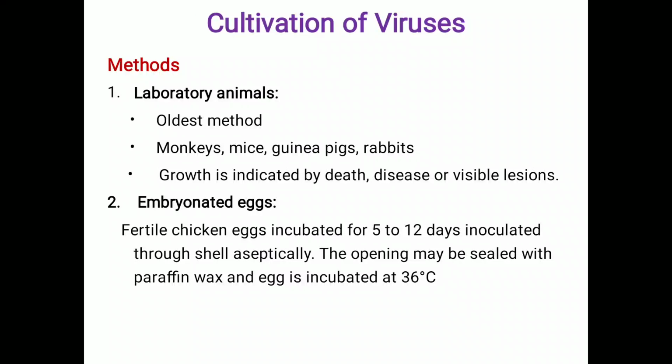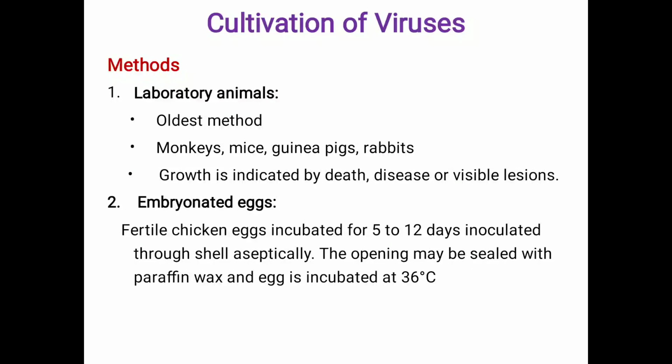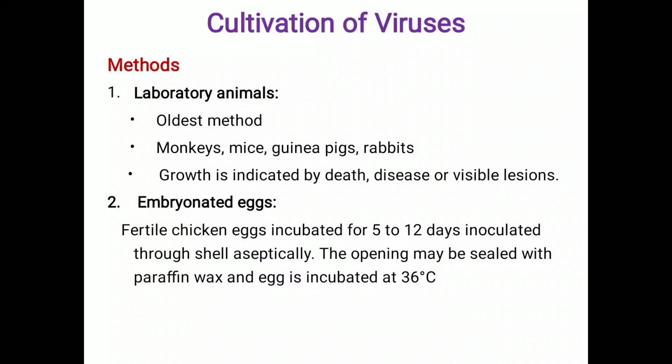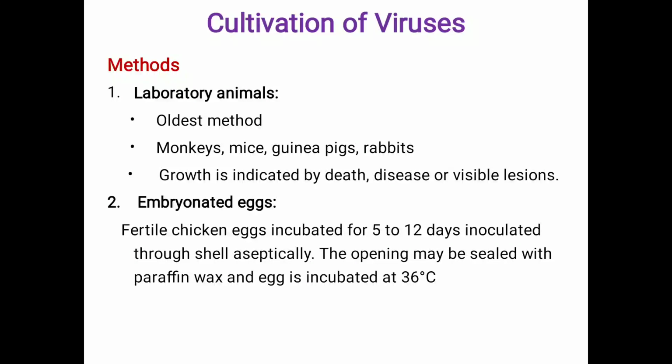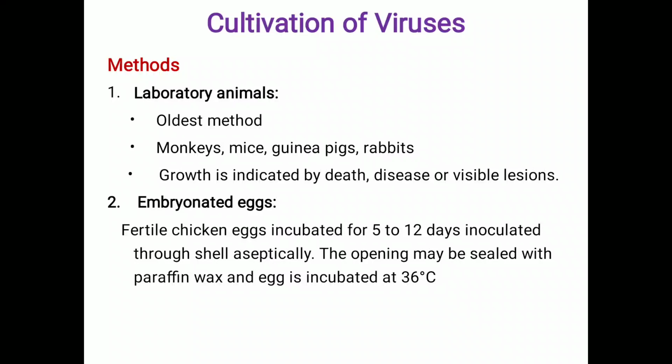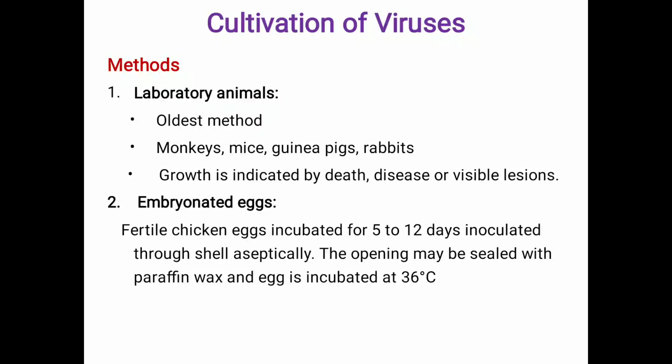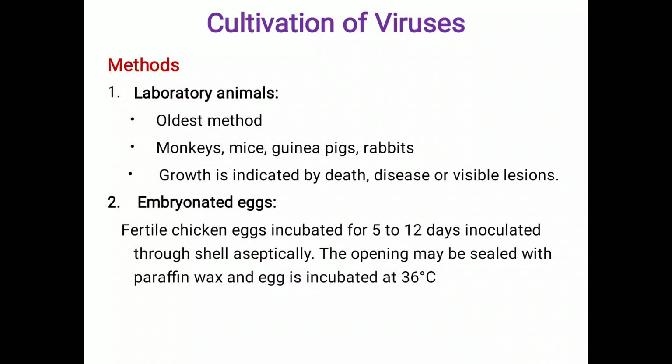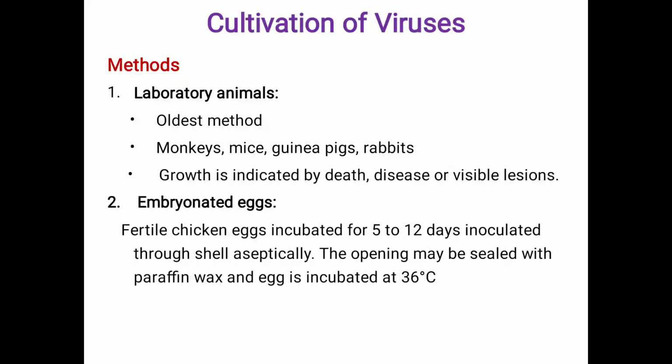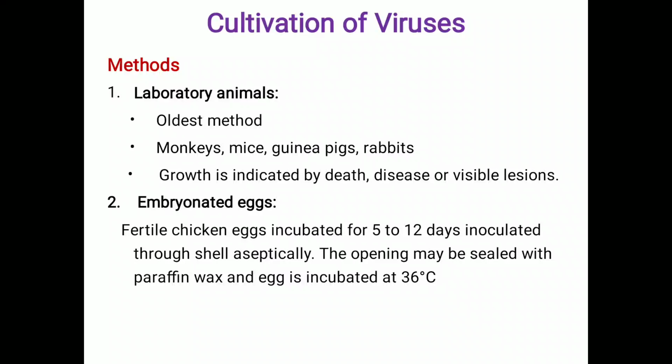Now there are various methods by which these viruses are cultivated or grown, like by using laboratory animals, then embryonated eggs and tissue culture. So these are the three methods which are mainly used for cultivation of these viruses. First is laboratory animals. It is one of the oldest methods for cultivation of viruses.